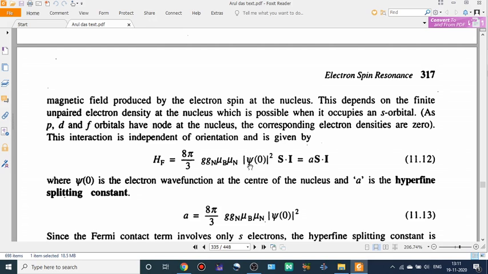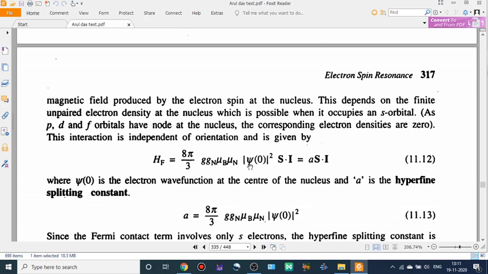And there may be chances of other interactions, that is electron spin-orbit coupling, nuclear moment and electron orbital coupling, electron orbital and magnetic field coupling, and the last one is the nuclear electric quadrupole energy.